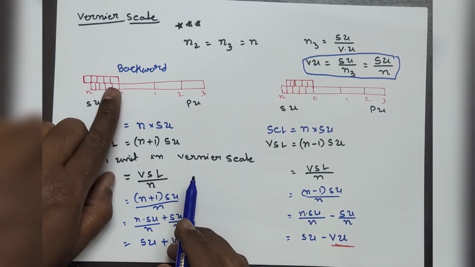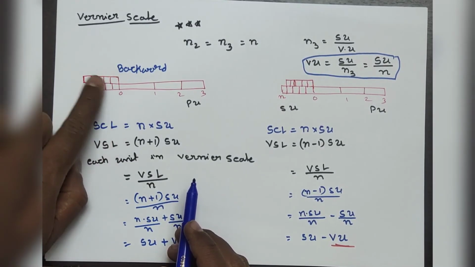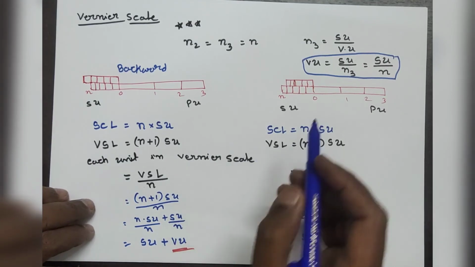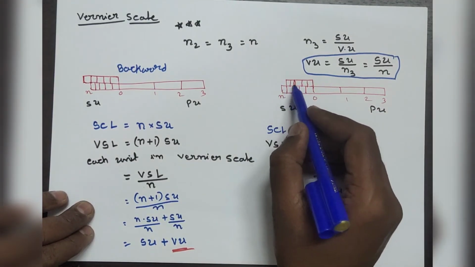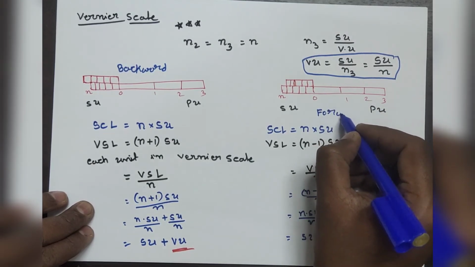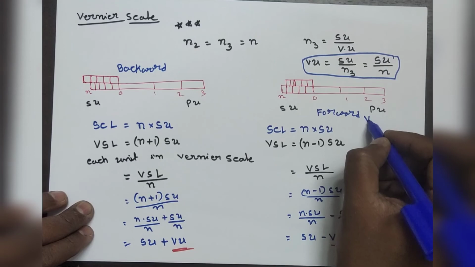Even if you observe this particular division, if you start from 0, it is moving backside to the main scale. That's why backward vernier. What about this? For the main scale, it is not backside, it is forward. So it is also called forward vernier.